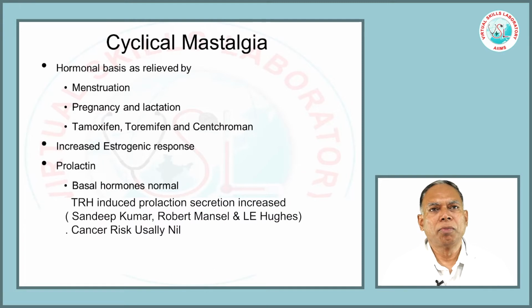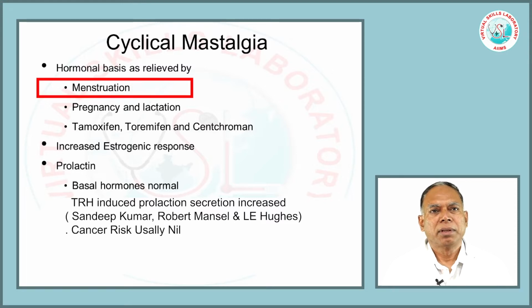There is a strong hormonal basis to the occurrence of cyclical mastalgia, and there are many reasons to support this hypothesis. Firstly, it is strongly associated with the menstrual cycle.